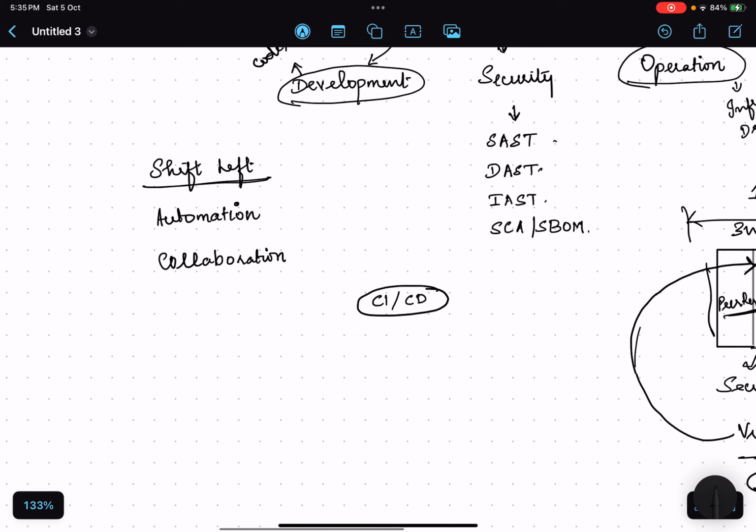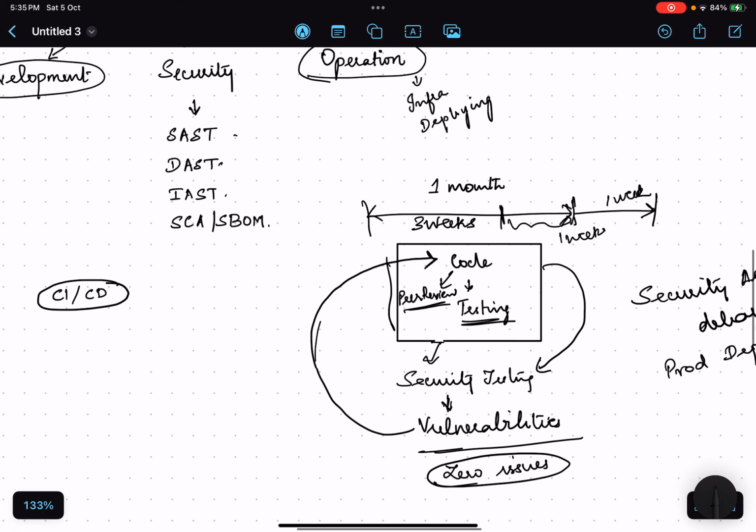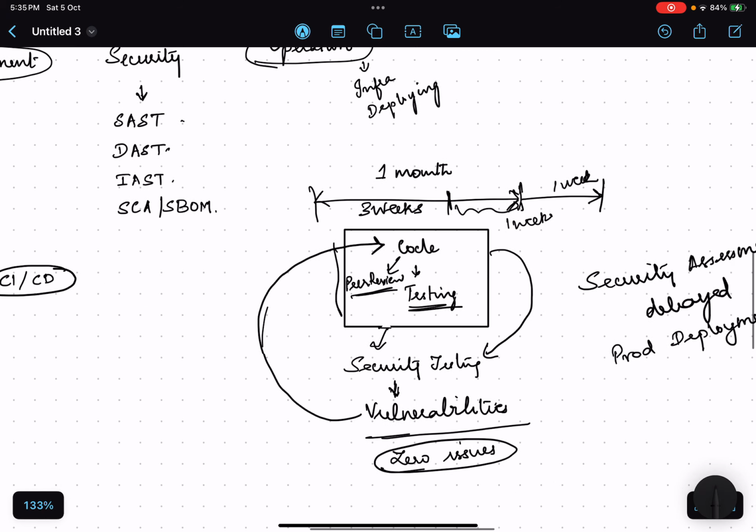So what we are doing here is basically shifting security to the DevOps stage itself. Let's say when you are writing code, security is getting integrated as part of writing the code itself. When you are doing a peer review or making a commit, security is integrated as part of that.